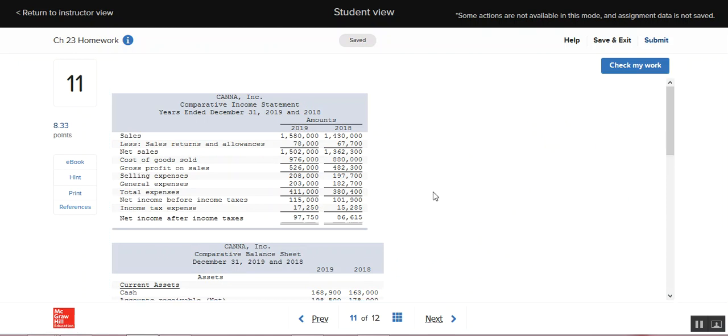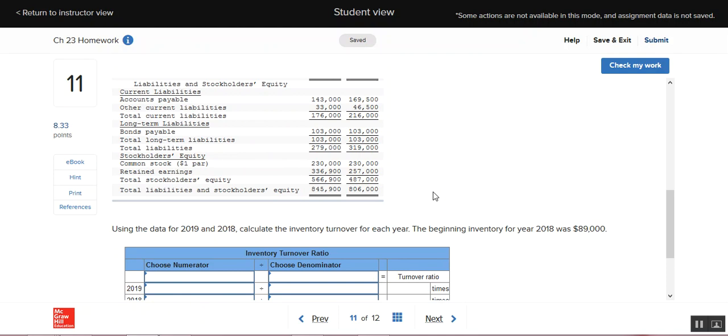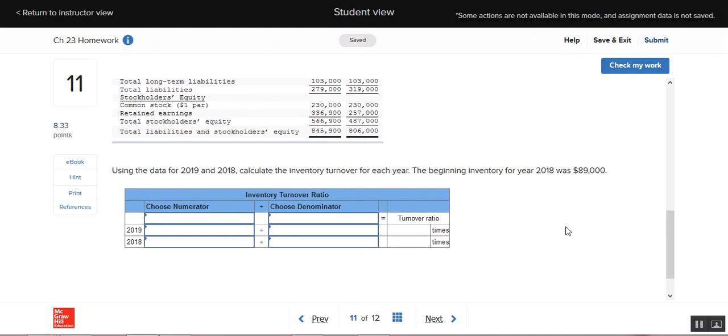Okay, we've got a comparative income statement, a comparative balance sheet, and it says calculate the inventory for each year.